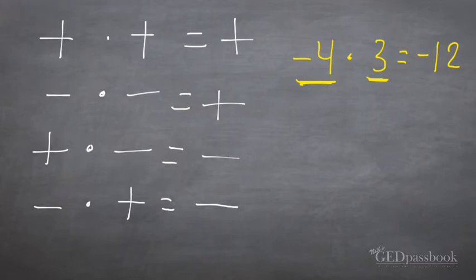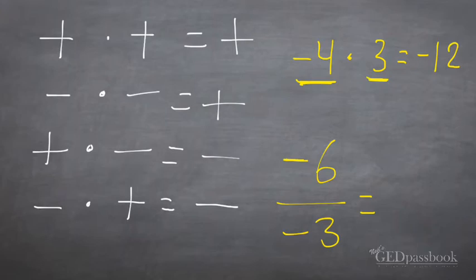So let's do another one. Negative 6 divided by negative 3. So negative 6 divided by negative 3. Again, focus on the number first. Always. What's 6 divided by 3?